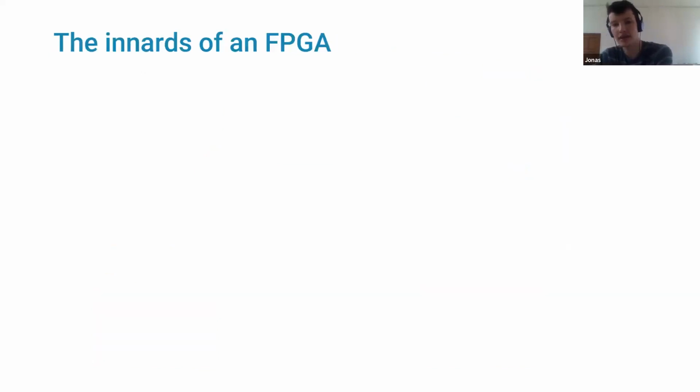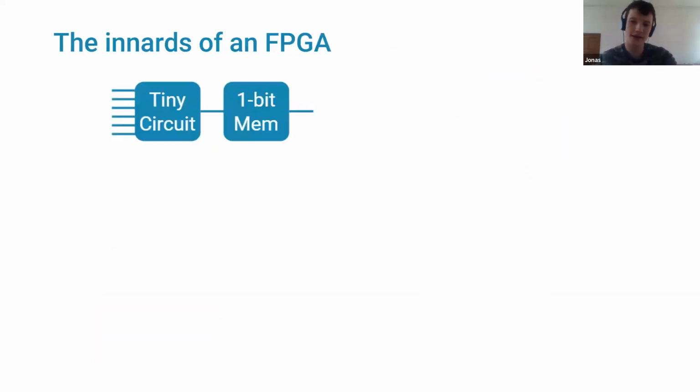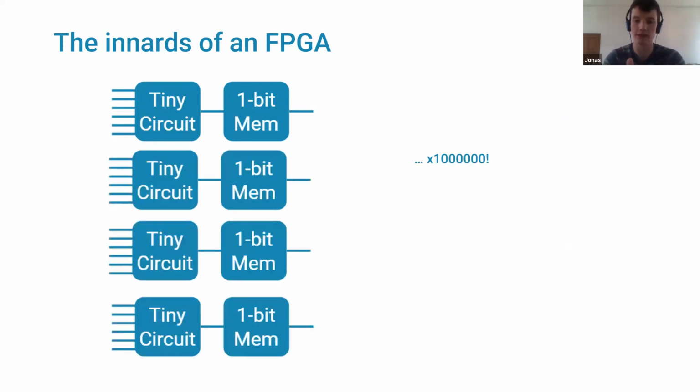An FPGA can be seen as a tiny circuit connected to a 1-bit memory, in a giant array, because FPGA stands for field programmable gate array, and that array consists of millions of these gates. This tiny circuit, you can think of it like an AND gate, for example.